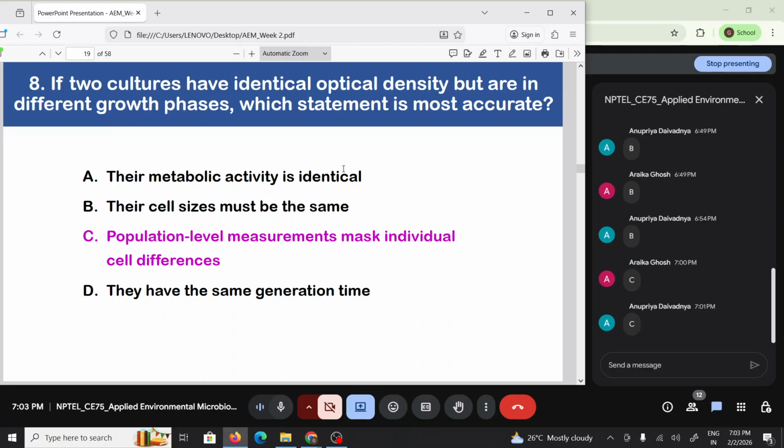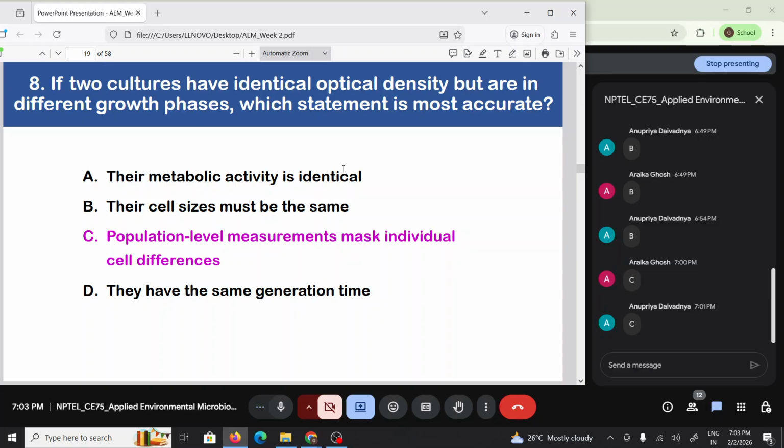But when we talk about population level measurements, one more thing that we have to account for is that in terms of optical density measurement, we are not going to see whether the cell is a live cell or a dead cell, which means a viable or a non-viable cell.